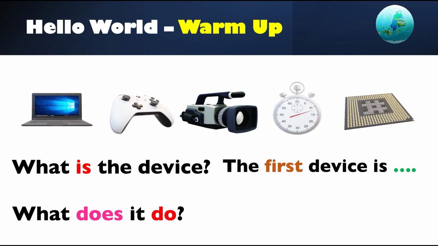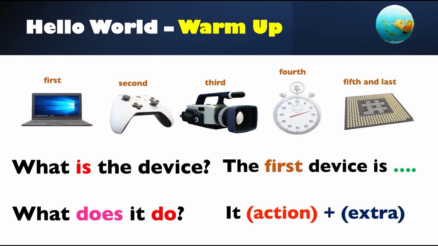So here, the question would be, what is the device? And you might answer, the first device is. We're also looking at first, second, third, fourth, fifth, and last. And you can see I've highlighted it in dark orange to highlight the position in the pictures that our device takes. Numbering order. Order of each device. Yes, so a little bit of extra vocabulary for you there.